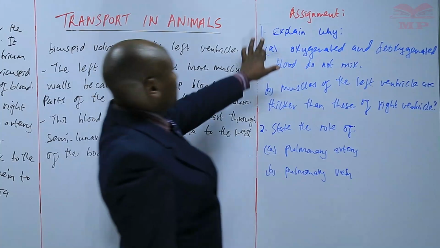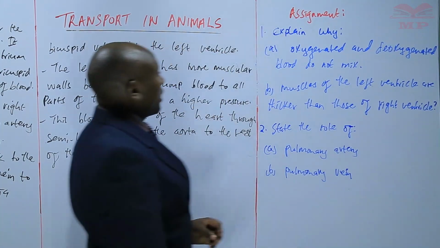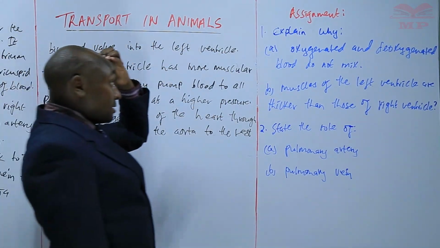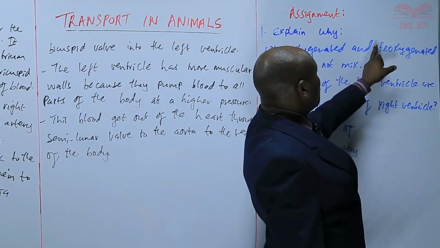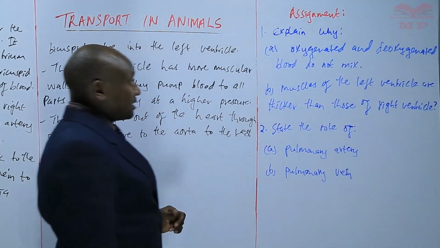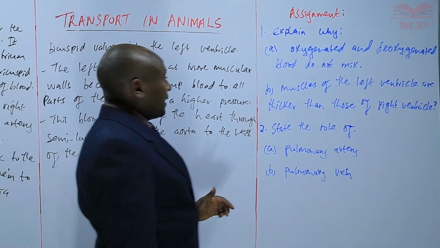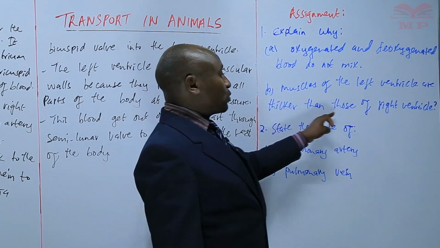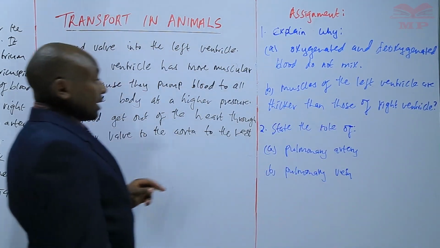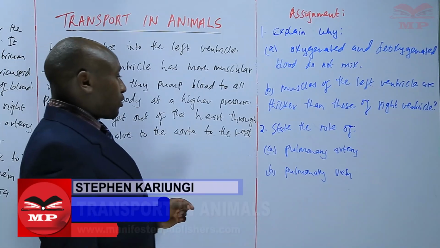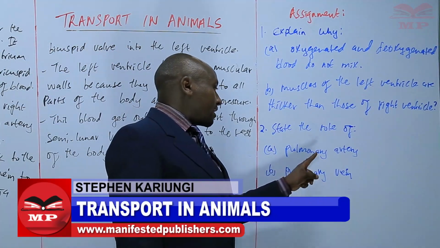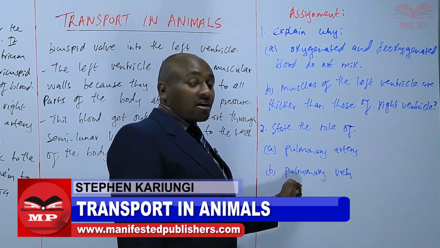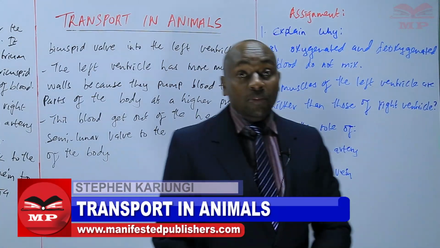The first question, explain why A, oxygenated and deoxygenated blood do not mix in the heart, and B, muscles of the left ventricle are thicker than those of the right ventricle. And question number 2, state the role of the pulmonary artery and pulmonary vein. So we'll stop there for now.